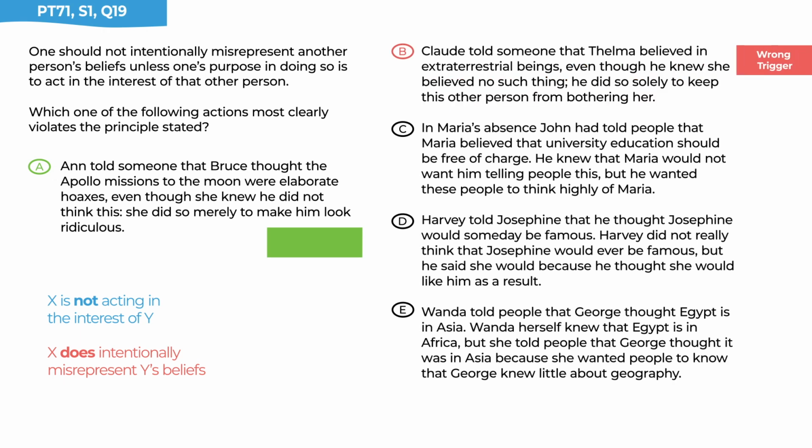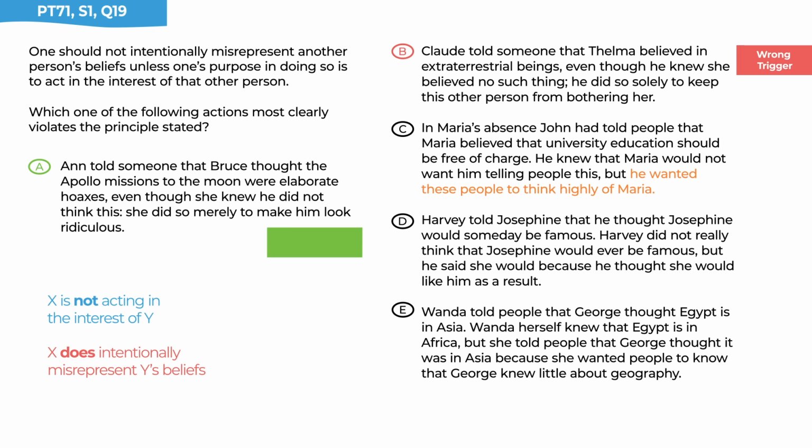When we scan C, trying to figure out whether or not one person was acting in the interest of another, we can see that the motivation was he wanted these people to think highly of Maria. So it sounds like he's acting in Maria's interest. That means that, again, we're not going to get anywhere with this because we didn't establish the blue trigger, that he wasn't acting in their interest and he intentionally misrepresented her beliefs.